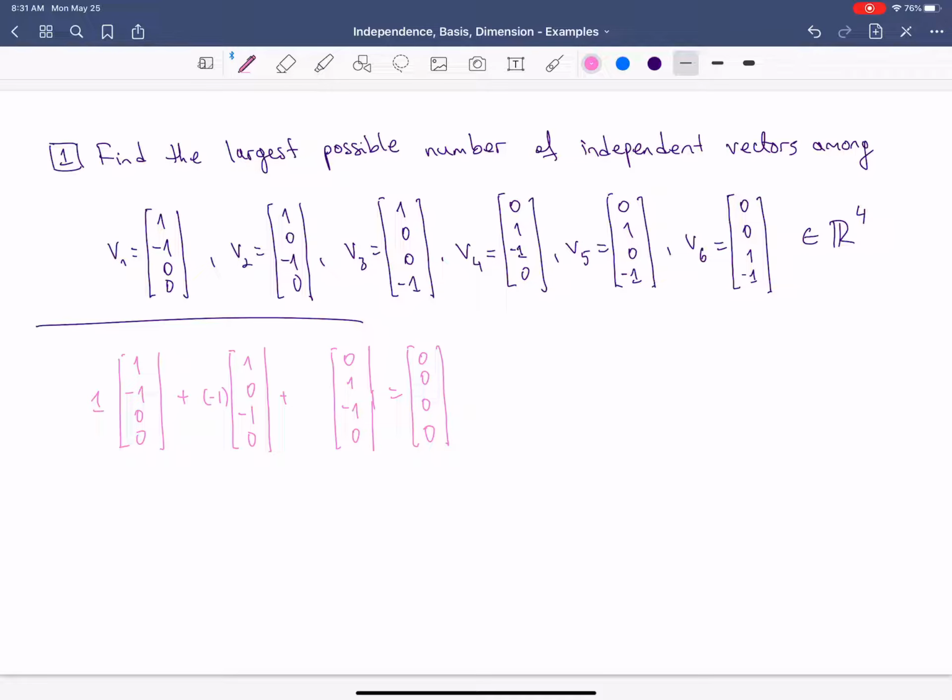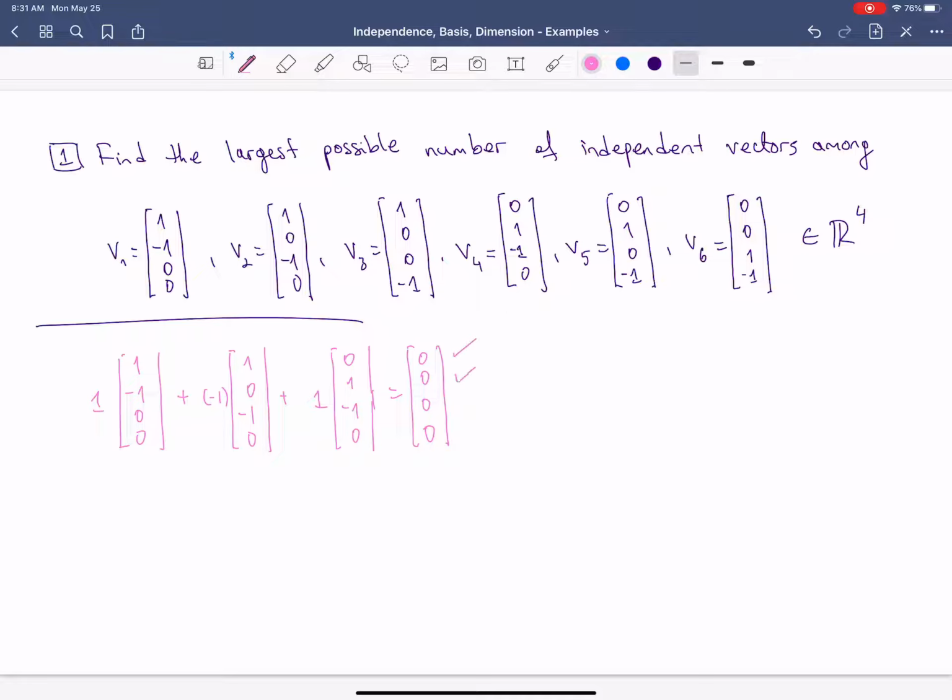Now, what about the second row? Well, I now see in the second row that I have this -1 multiplied by a 1, and I have this 1 multiplied perhaps by a 1 there. So maybe I can add a 1 there. We'll see, maybe that works, maybe it doesn't. So far so good. The first component is taken care of, I'm getting a 0.